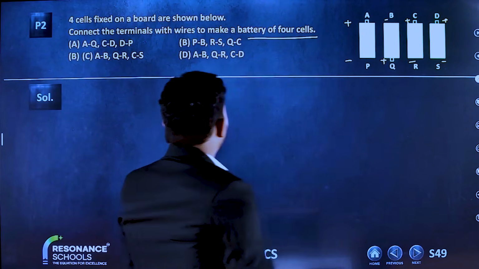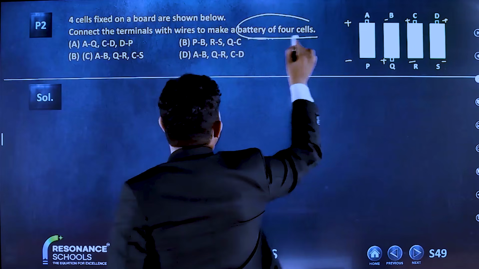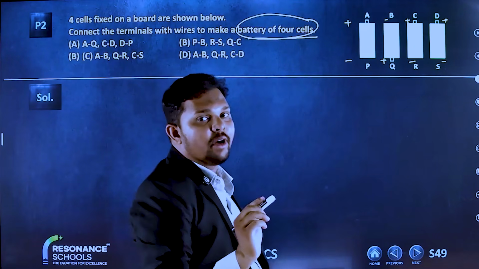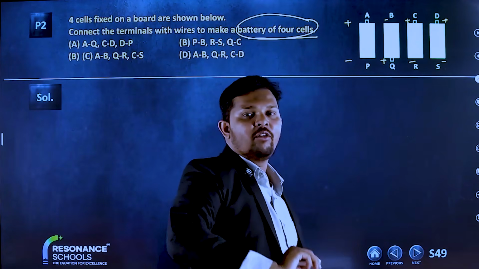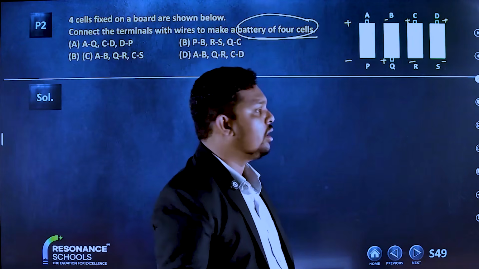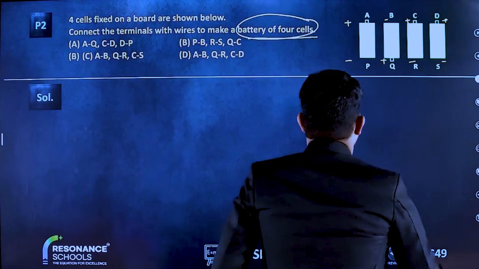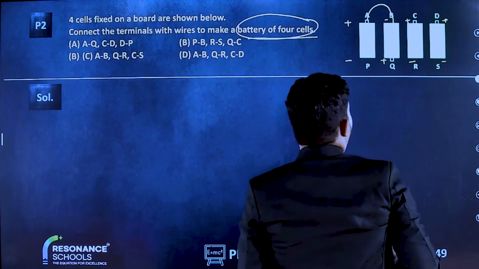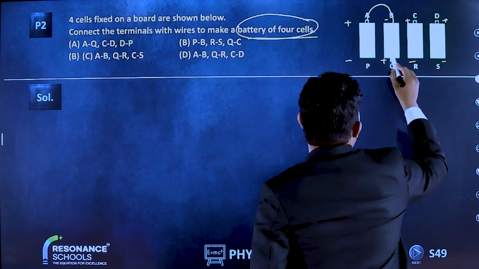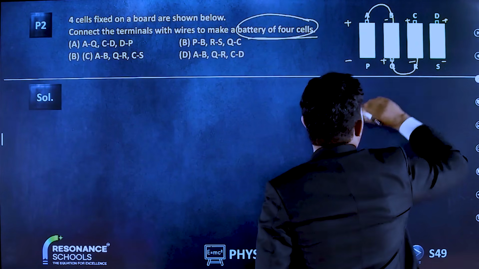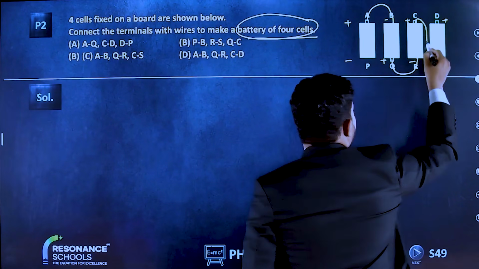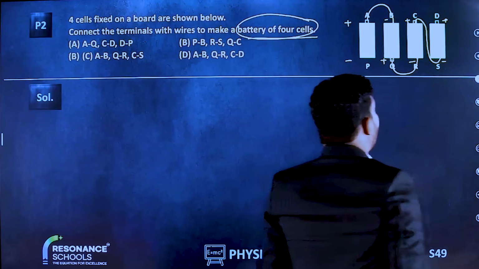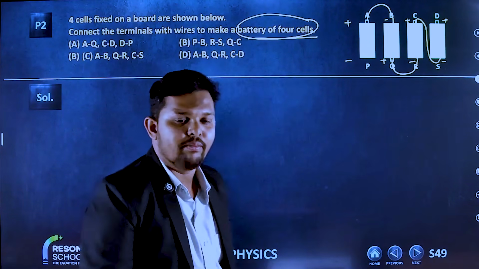So now to make a battery of 4 cells, you have to connect the positive terminal of one cell to the negative terminal of the other cell. In that case, I will connect A to B, and then I will connect Q to R, and then I will connect C to S, and now this will behave like a battery.